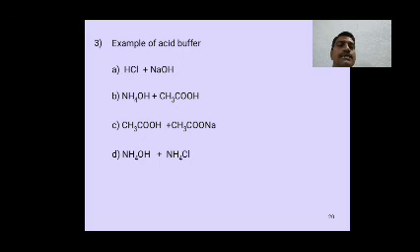NH4OH plus NH4Cl is a weak base and its salt of strong acid. An acid buffer is a mixture of a weak acid and its salt of strong base. Then the answer is C.